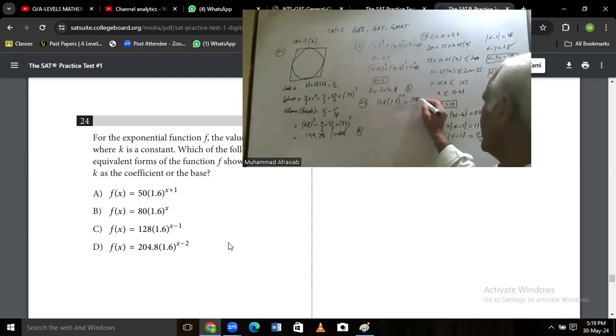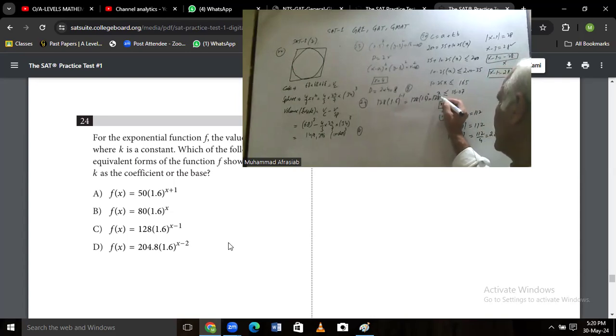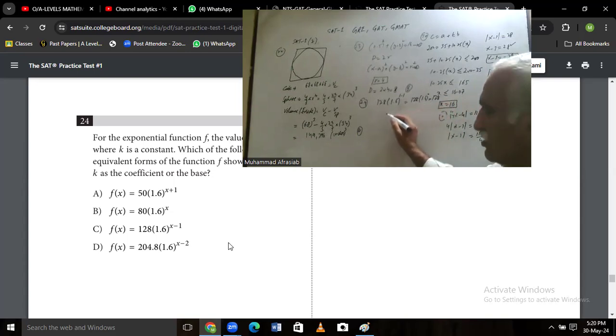So 128 into 1.6 power 0, which is equal to 128. So this is the value of k here. So the answer to this question is part C.